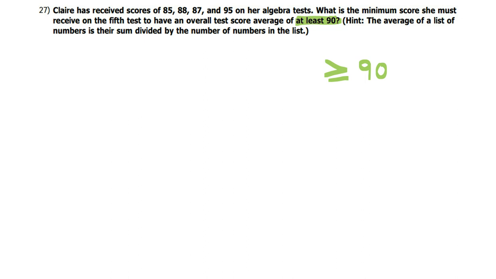And then here's her first 4 scores. So if you take 85 plus 88 plus 87 plus 95, and then they want to know what is the minimum score she must receive on a 5th test.